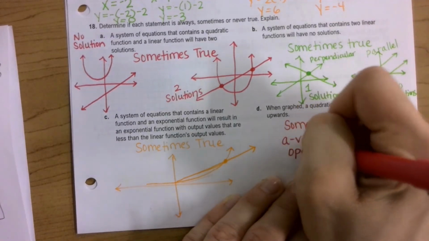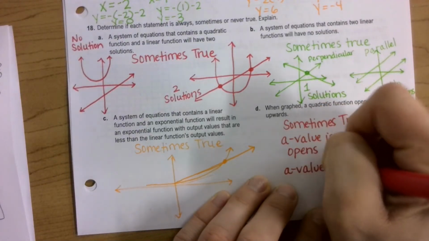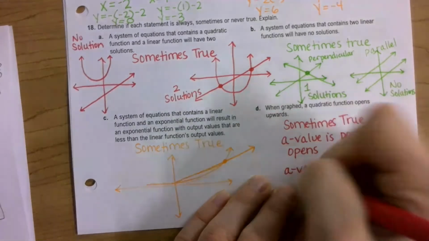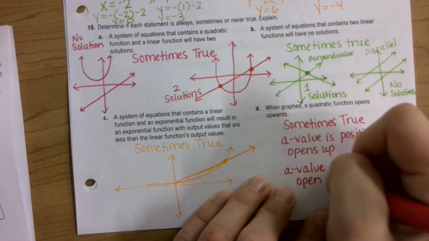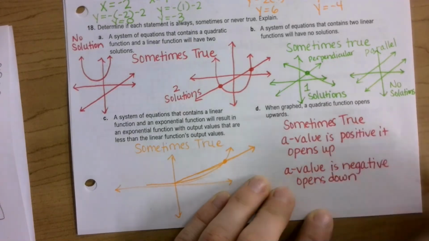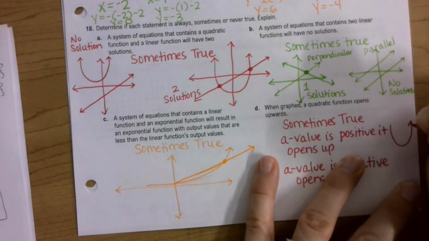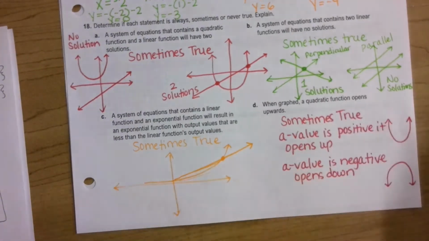But if the a value is negative, it opens down. So we could have opening up or opening down.